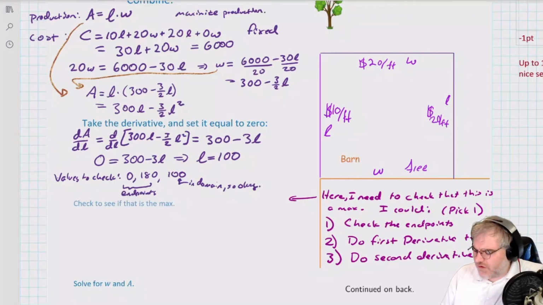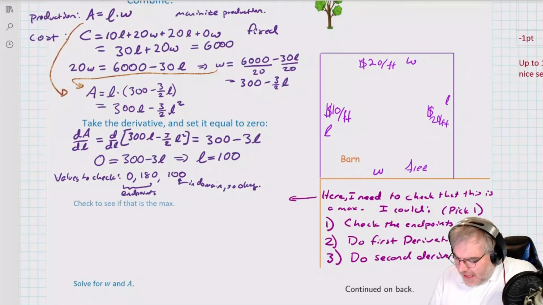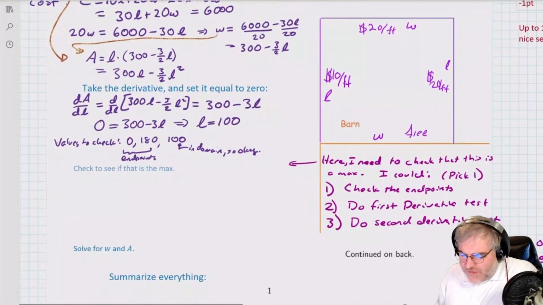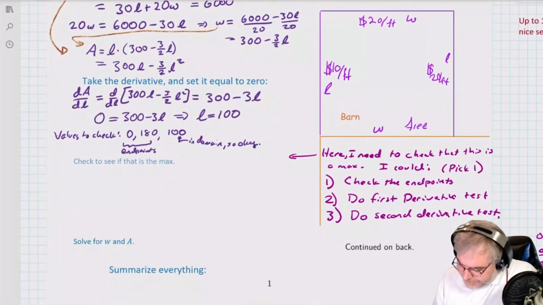So here's my thought, and it's just my thought. I know that A of 0 is going to equal 0, and my question requires me to compute the maximum area anyway. So I'm going to have to compute these two values. Since I've got to compute the two values anyway, why not just compute them now?